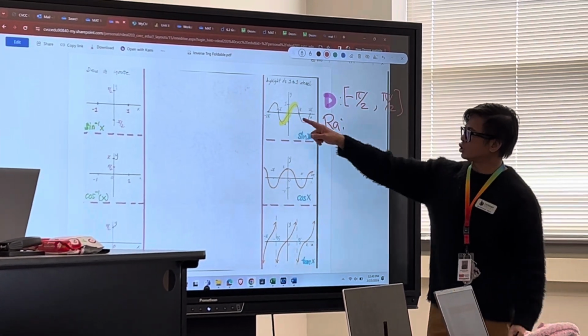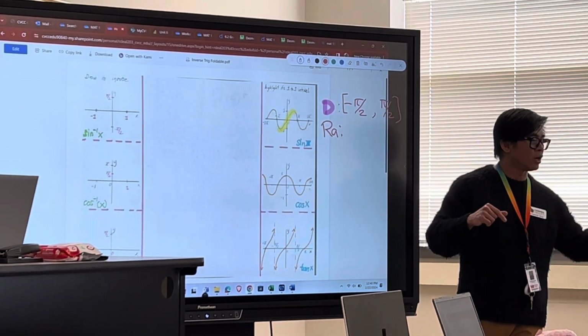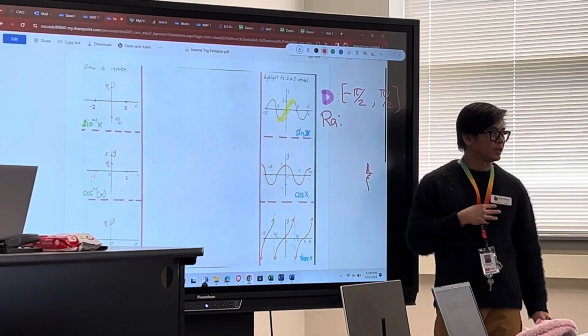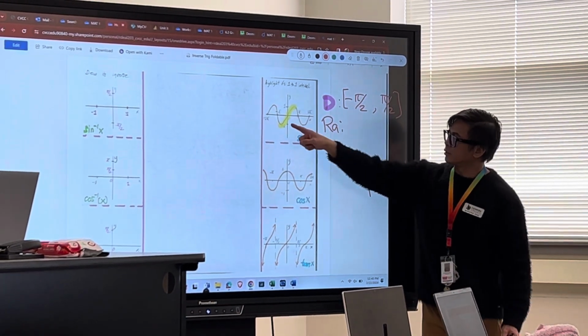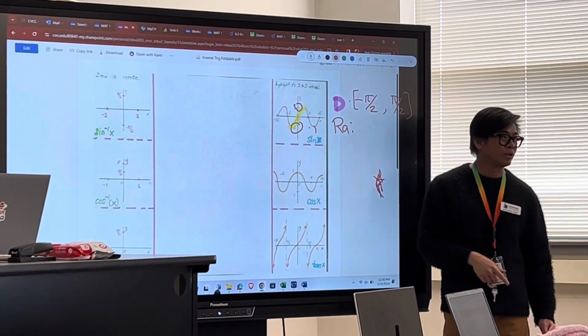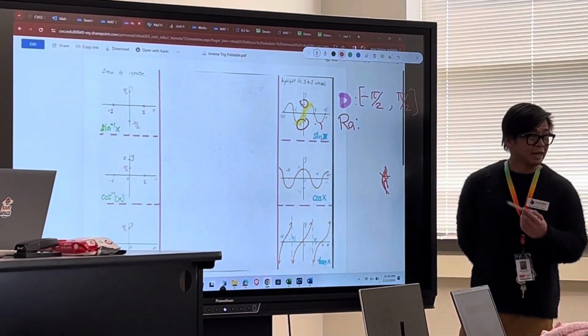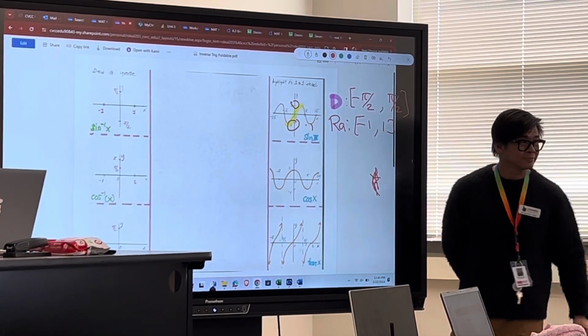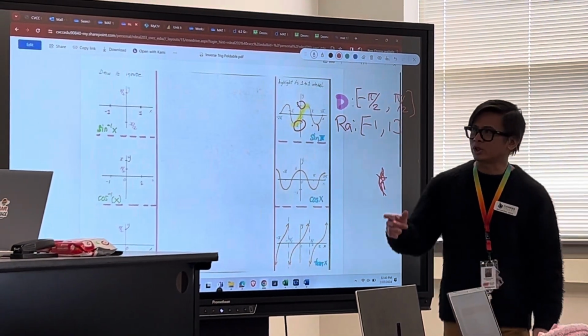What about the range? Jillian, what do you think is the range for this part of the domain? The bottom and the top y values, negative 1 to 1, right? Get it?